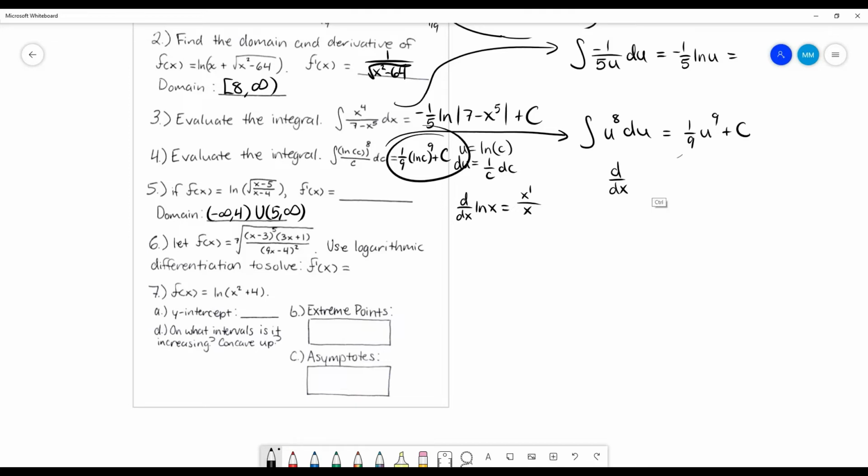I'll say we'll start off with chain rule. Or, actually, I could split up that natural log, actually. And I just might. Let's see what happens if I split it up.